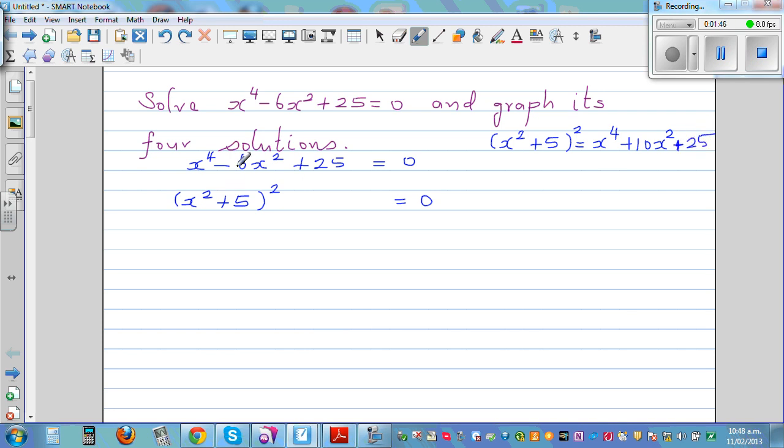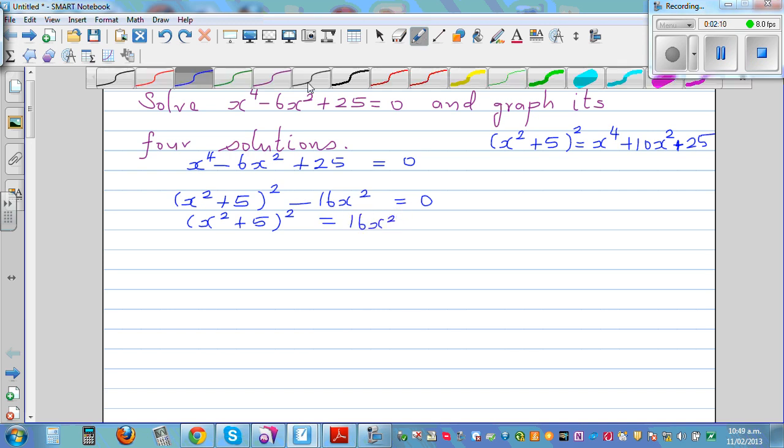But I have got minus 6x squared. Now to rectify or correct this, I'm going to write minus 16x squared. So now this and this are one and the same. So the next step, I can write this as x squared plus 5 the whole squared is equal to 16x squared.